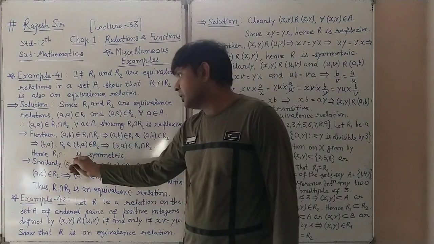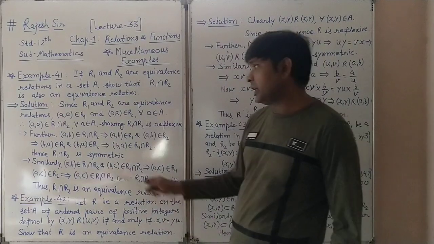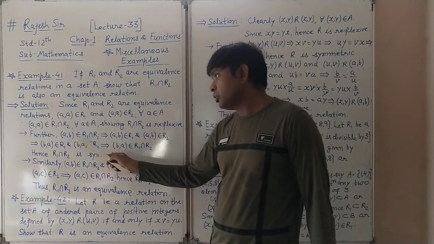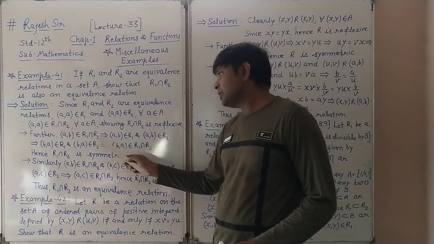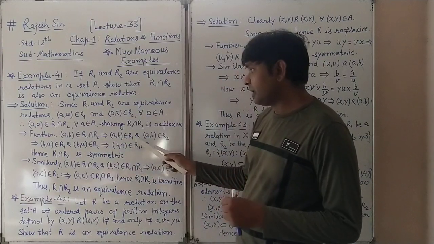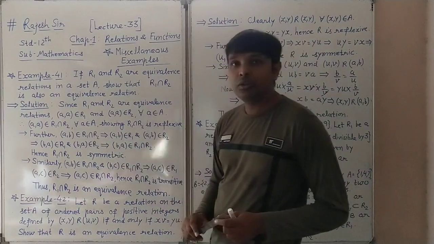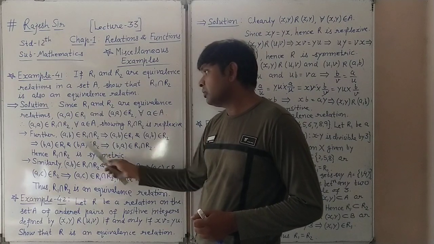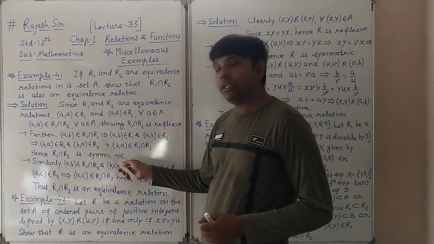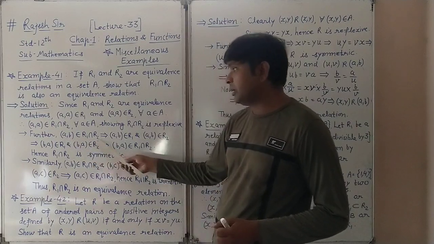Further, if (a, b) belongs to R1 intersection R2, any pair (a, b), what does that imply? That implies that (a, b) belongs to R1 and (a, b) also belongs to R2, because we know the definition of intersection. If (a, b) is in R1 intersection R2, then this (a, b) is in R1 as well as in R2.